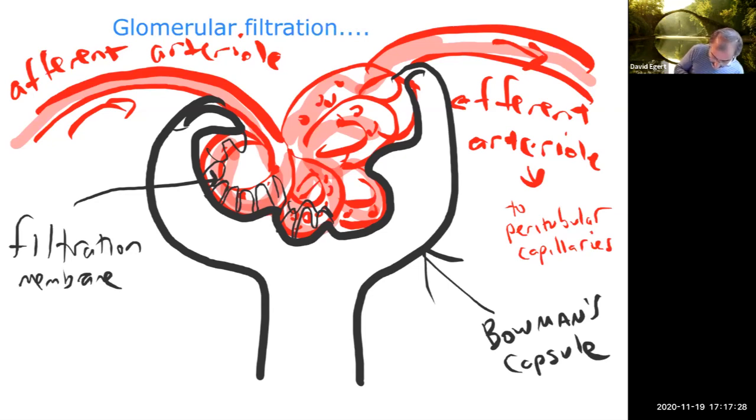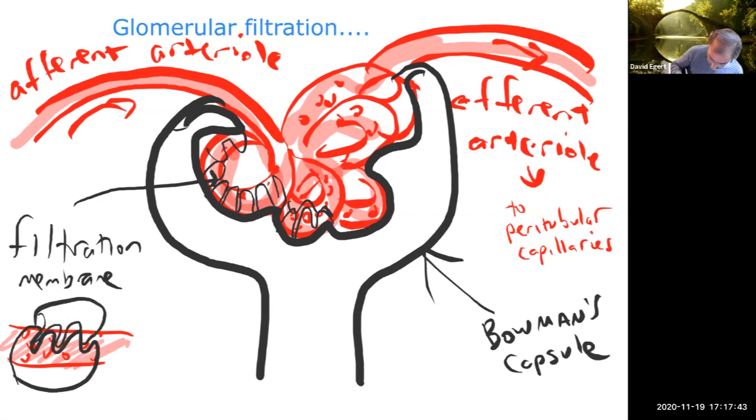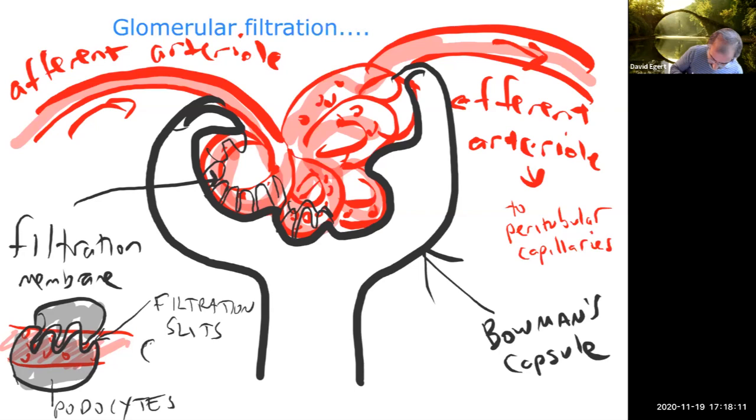It's actually a mix of fenestrated capillaries and these cells, which we call podocytes, that make these little filtration slits. They're also called slit pores.